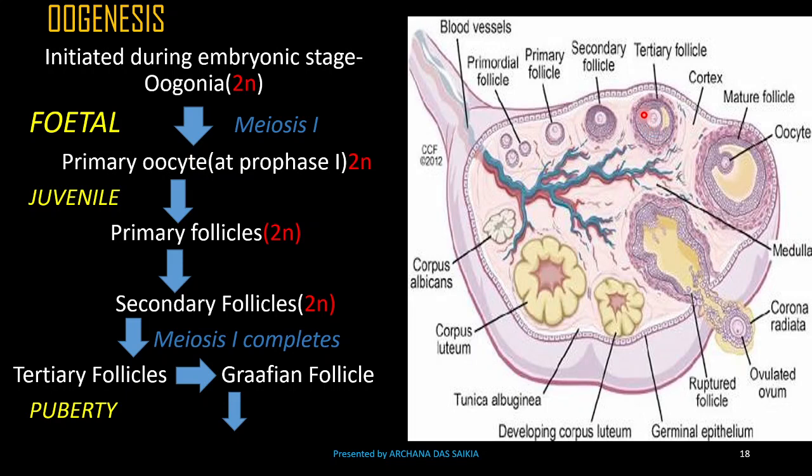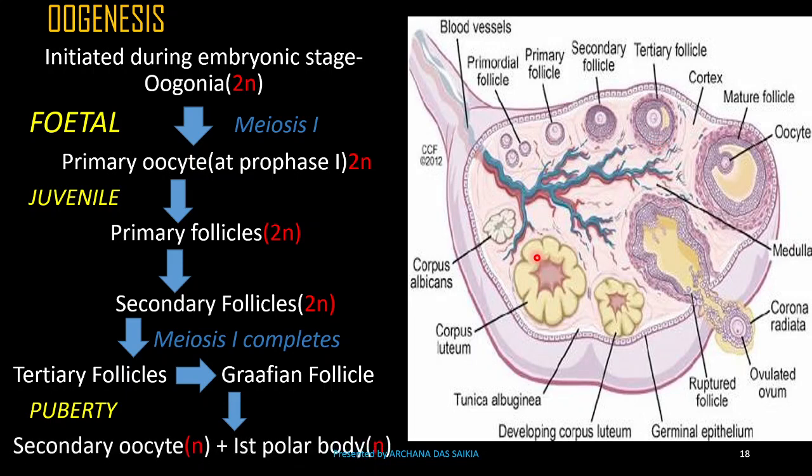We call it now the secondary oocyte, which has already completed only meiosis 1. The secondary oocyte is ready to be released. The first time it is released, we say it is the attainment of puberty.